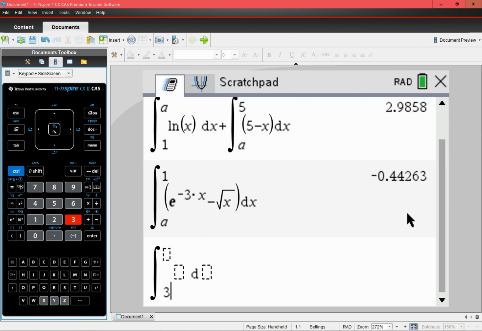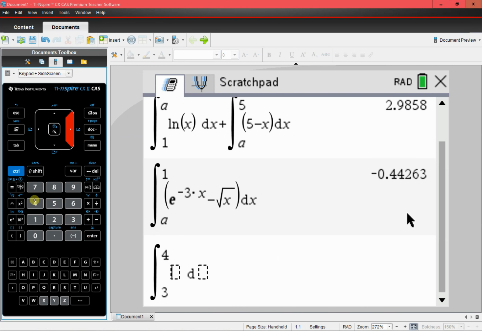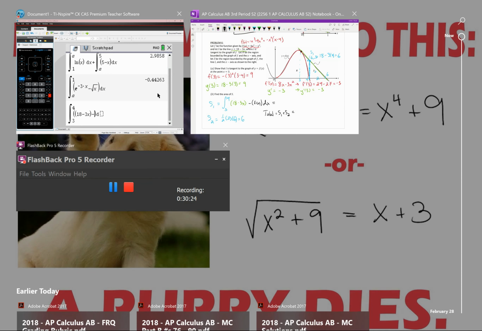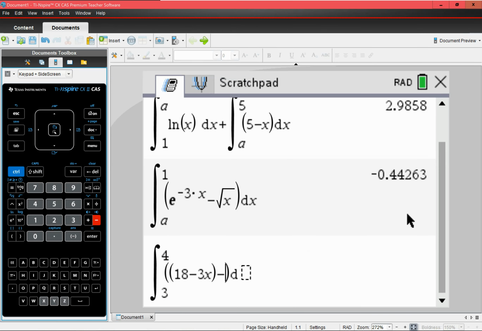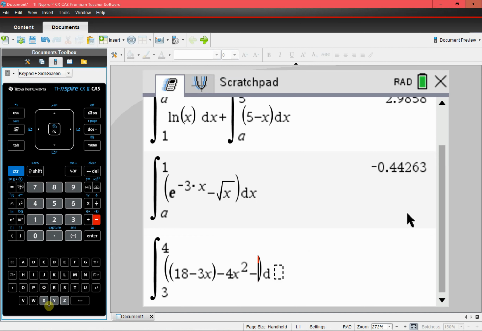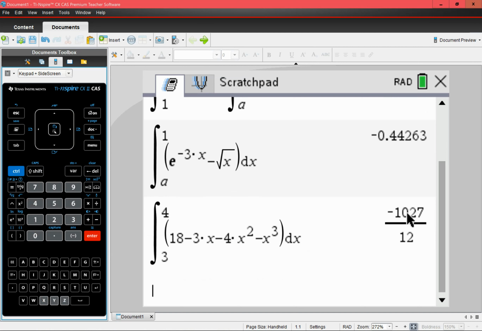We're going from 3 up to 4, and then we had 18 minus 3x, good, minus, and then what was f of x? F of x was our 4x squared minus x cubed, 4x squared minus x cubed, good, dx. And then I'm going to hit enter.